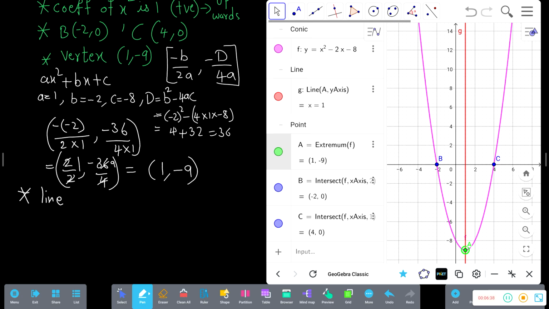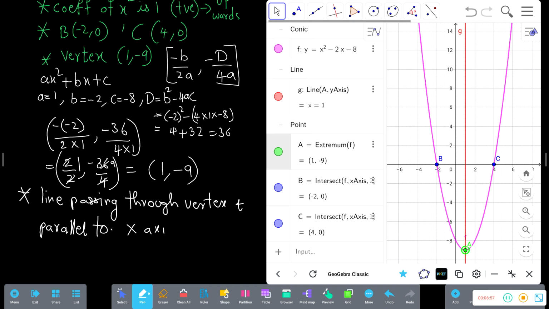The line passing through the vertex and parallel to the x-axis is called the axis of the parabola. Right? These are the points you have to remember regarding a parabola.